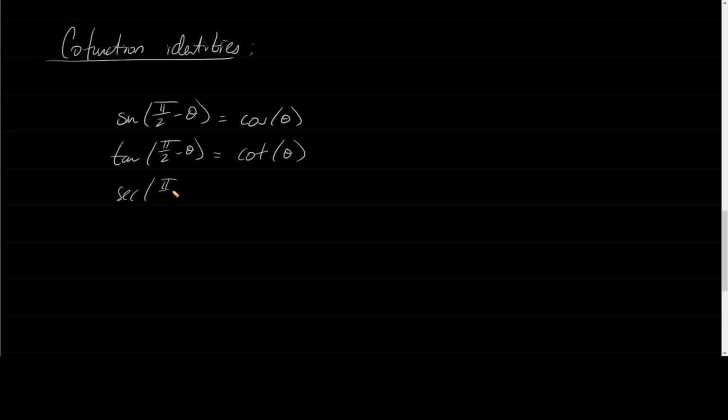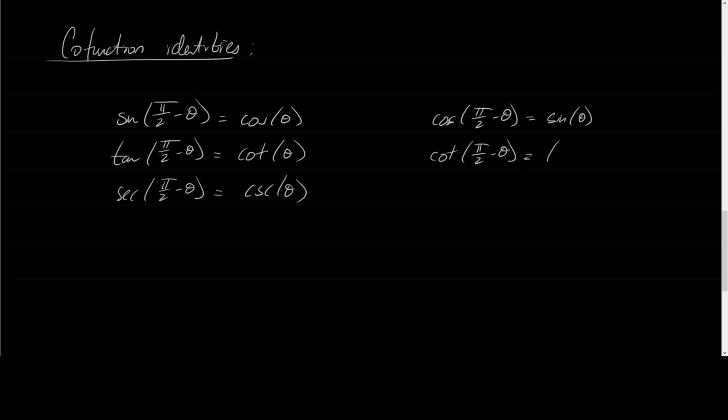Secant of pi over 2 minus theta would be cosecant theta. Cosine of pi over 2 minus theta is equal to sine theta. Cotangent of pi over 2 minus theta is equal to tan theta. And finally, cosecant of pi over 2 minus theta is equal to simply secant theta. All right. So those are the cofunction identities.